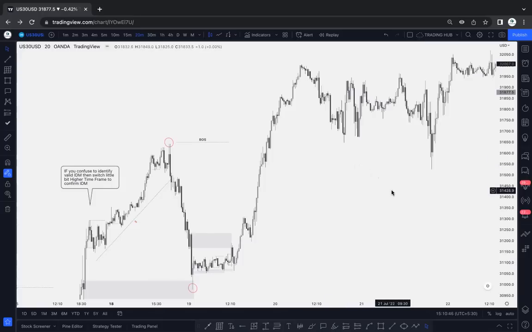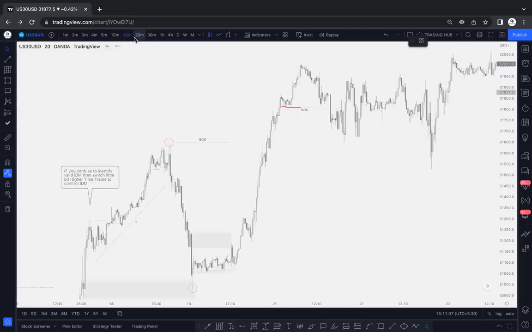Maybe this is the inducement. Yeah, absolutely, because it takes a pullback and goes higher, and this is already on the 20 minute.